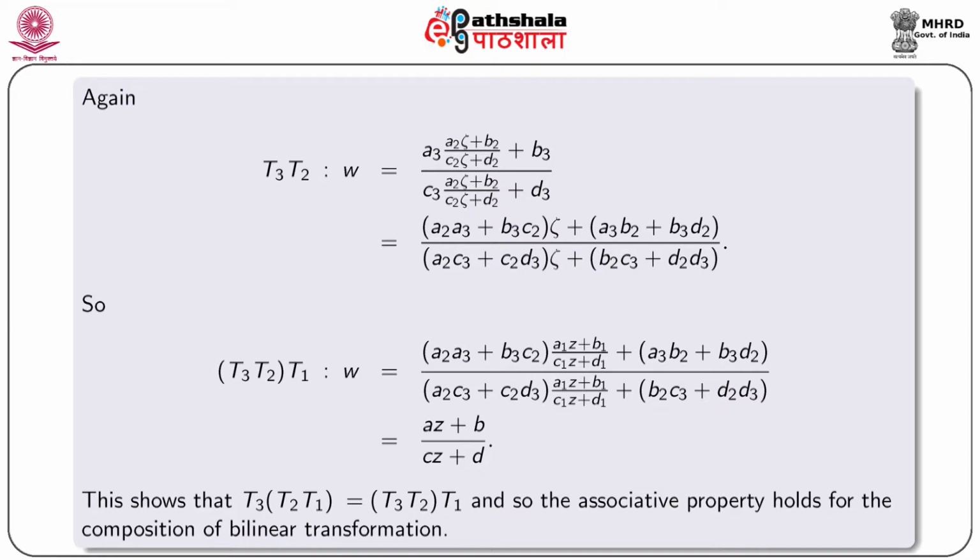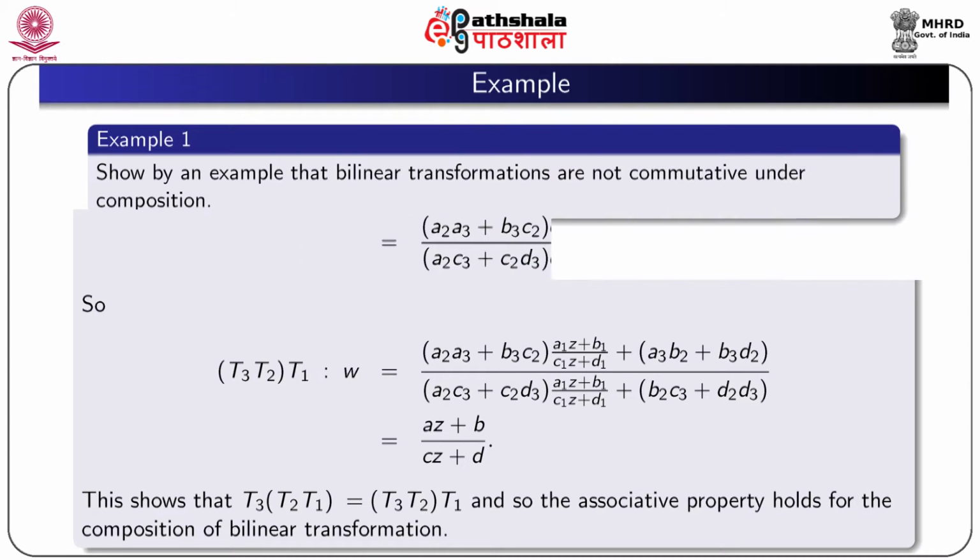This shows that T3 of T2 T1 equals T3 T2 of T1, and so the associative property holds for the composition of bilinear transformations.